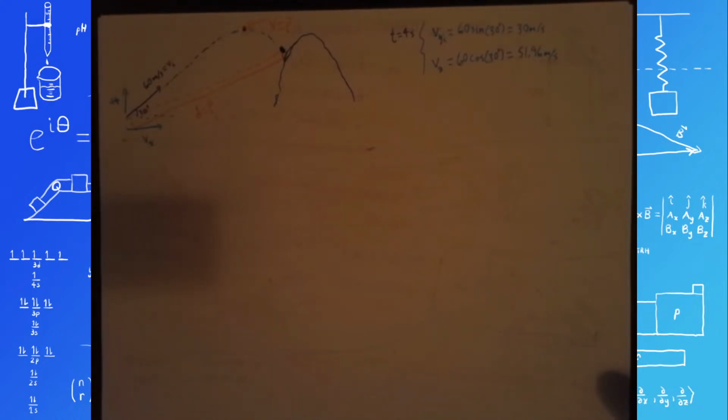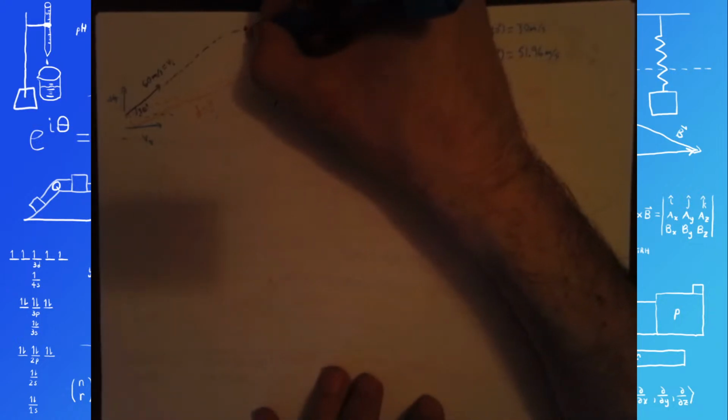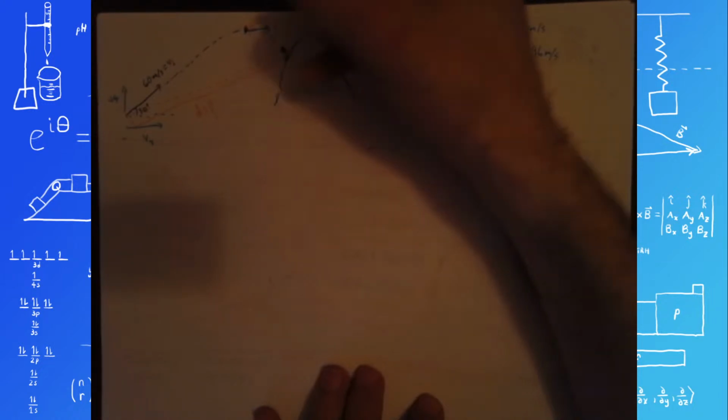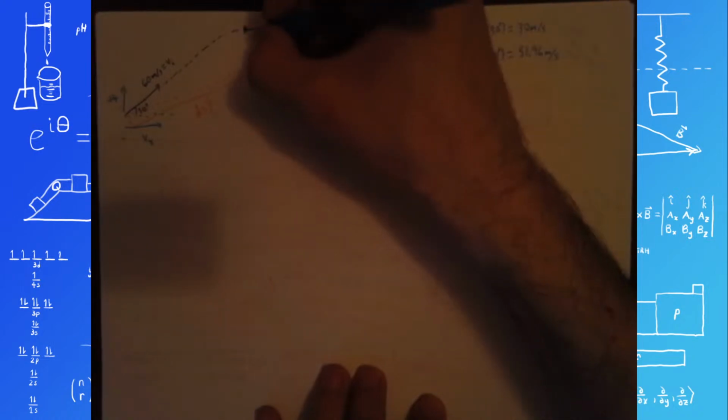And we can calculate, first of all, what is the velocity at the peak of the trajectory? We already have it, 51.96, right? At the peak of the trajectory, the y velocity is 0, the x velocity is all that there is, and the x velocity is 51.96.